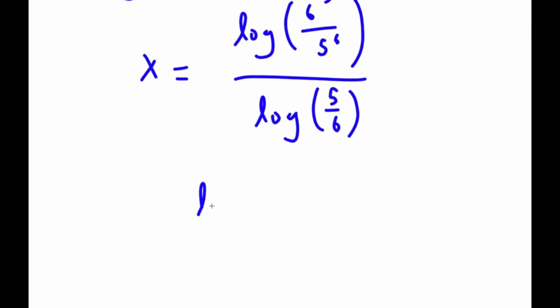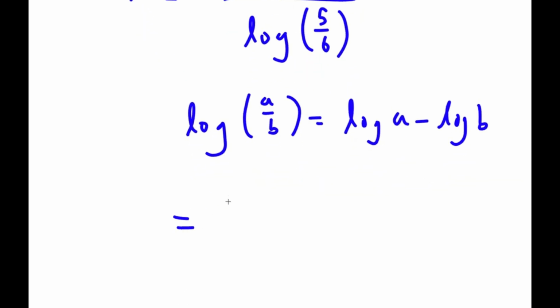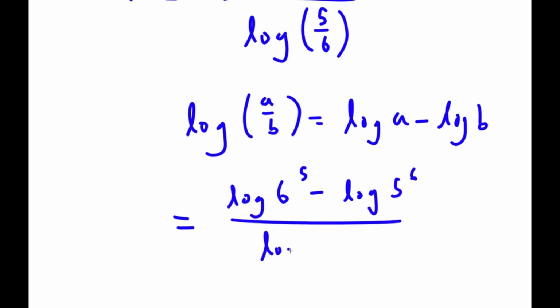And now if I have something in the form log a over b, this is equal to log a minus log b. So this is going to equal log 6 to the power of 5 minus log 5 to the power of 6 over log 5 minus log 6.